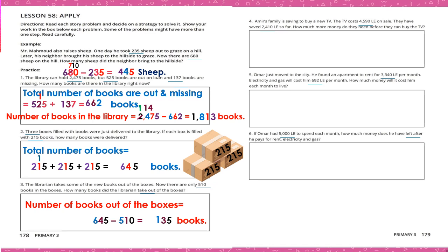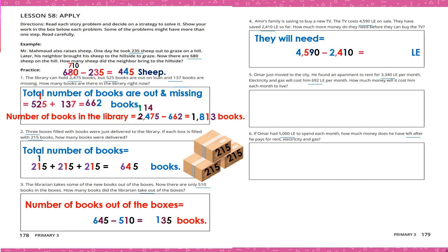How much more, is it expressing subtraction or addition? They need how much money to buy the TV? Subtraction operation. So, don't forget to put the biggest number first.